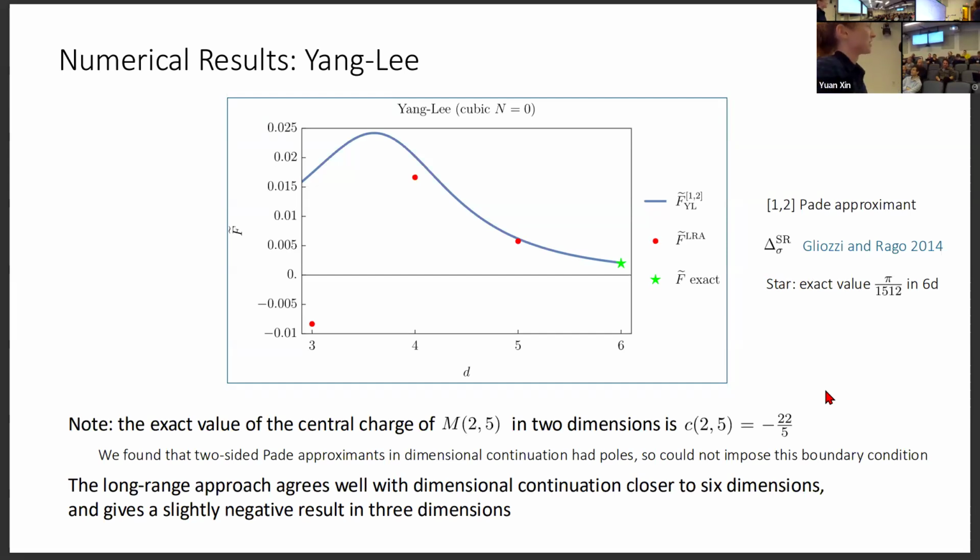We actually found that we couldn't impose this as a boundary condition in the PDE because the PDEs always had poles when we tried to do a 2-sided PDE. So we couldn't really get near this negative value in the dimensional continuation case, but in the long range approach, maybe it seems to be going more negative, but this is very qualitative. But the long range approach does agree well with dimensional continuation closer to 6 dimensions.